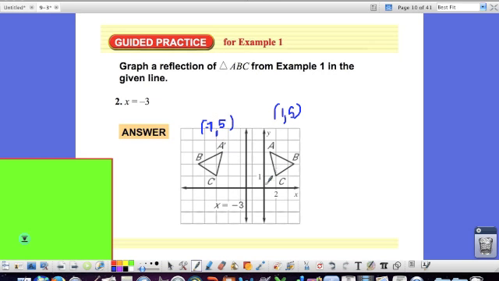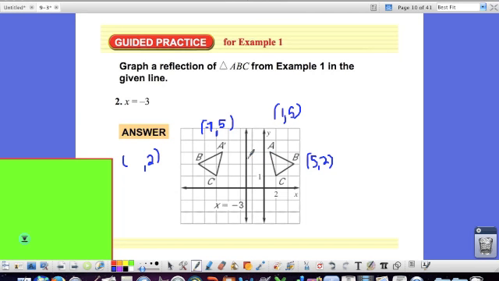Okay, B was originally at 5, up 2. So it is still going to be at 2, because we're changing over the x-axis. But instead, since our line of reflection is at -3, 5 is 8 spaces from -3.